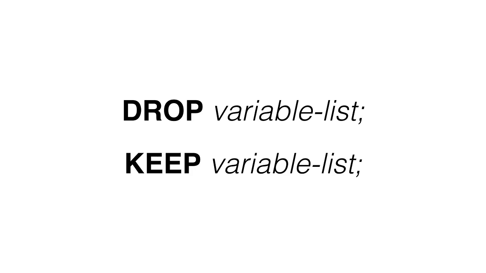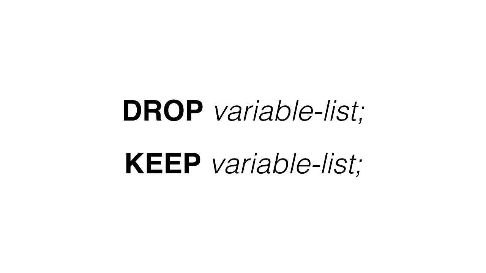The DROP statement lists the set of variables that you want to omit from the output dataset. When you use a DROP statement, all variables not listed are included in the output dataset. The KEEP statement lists the set of variables that you want to include in the output dataset. When you use a KEEP statement, only the variable list will be included in the output dataset. All other variables will be omitted.